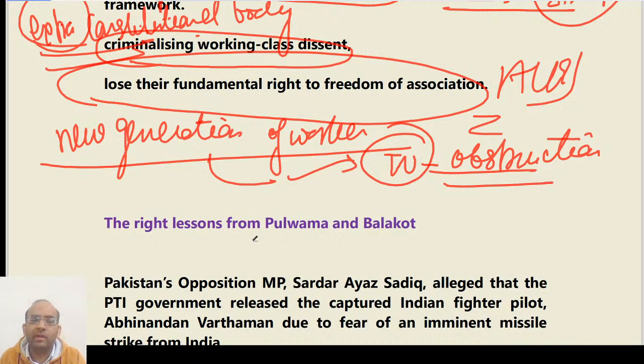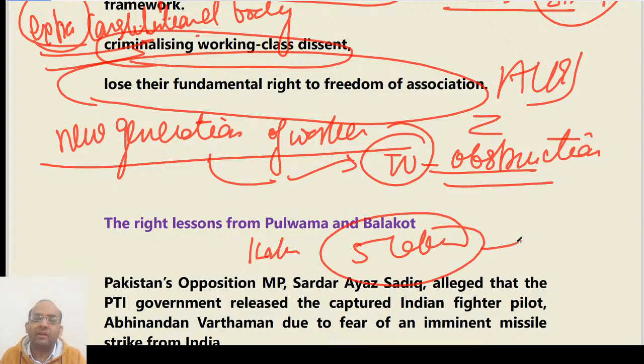Suppose their work value is rupees 1 lakh, they would demand that give us 5 lakh. That is quite an unreasonable and disproportionate demand. They would call for the best conditions, etc. So the new generation of workers do not like trade unions because they stop the work and leave them with lesser salary at the end of the month.